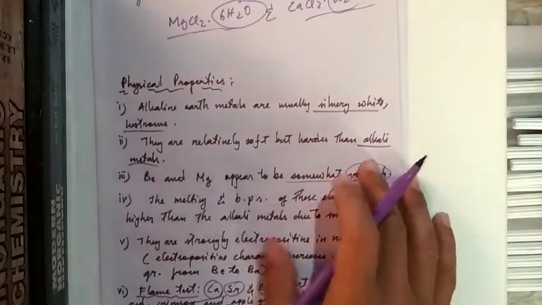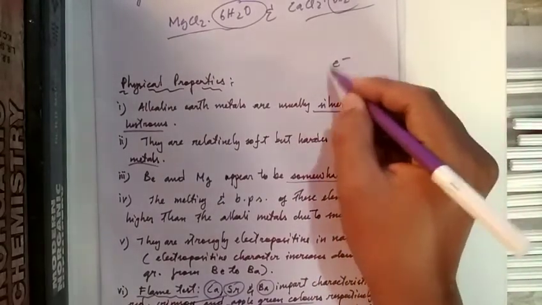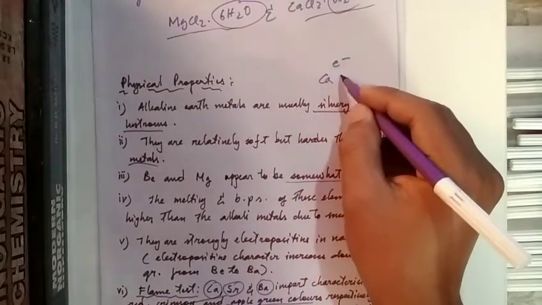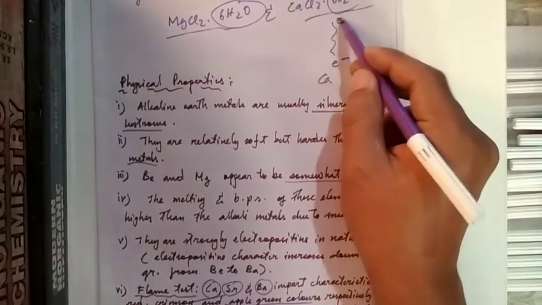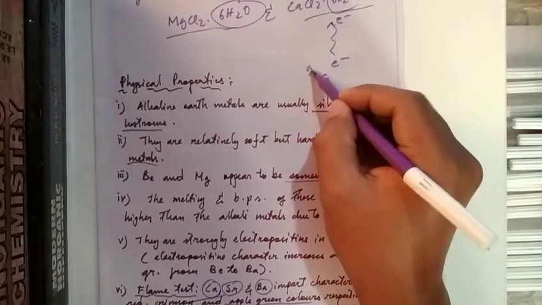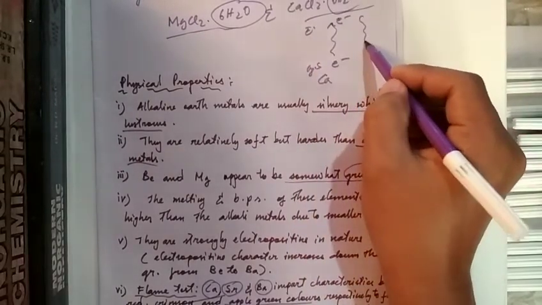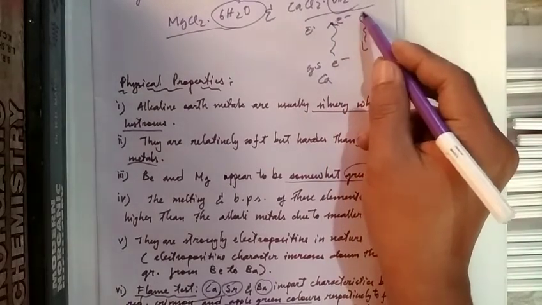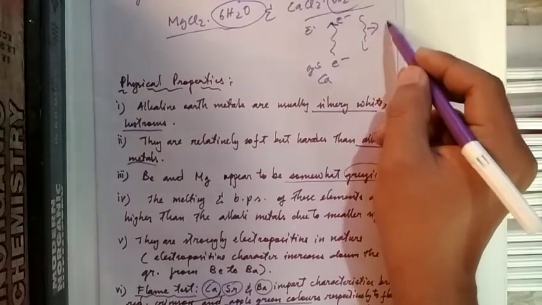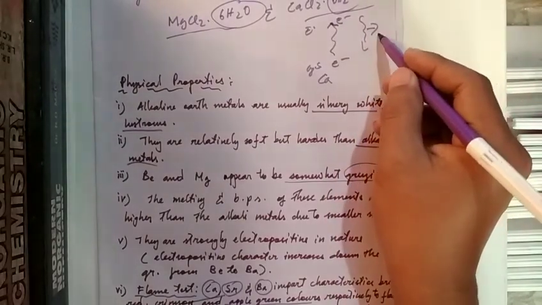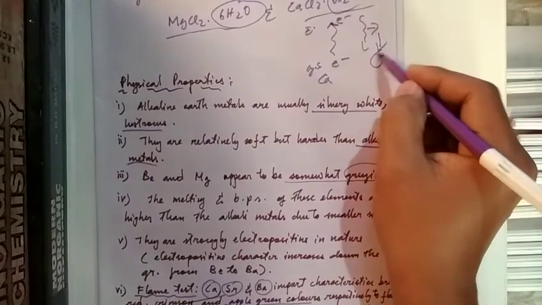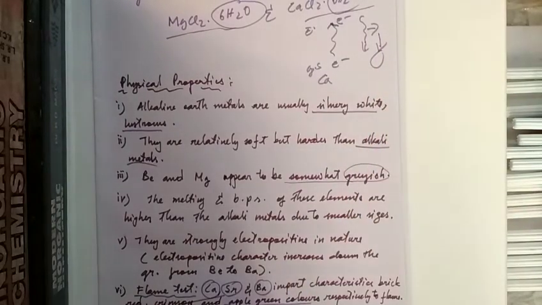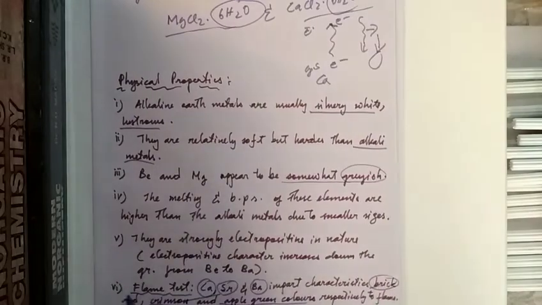Usually in the flame test, the electrons of these elements, suppose calcium, when heated get excited from the ground state to a higher energy state. After some time they release this energy, which is visible in the visible region, and after emission of radiation they show the brick red color.